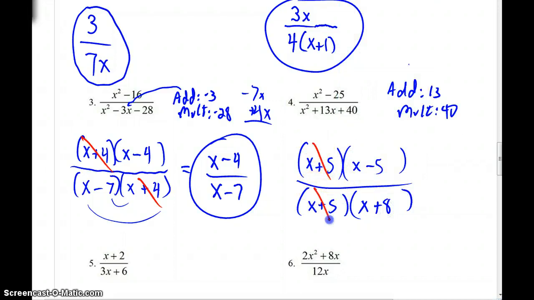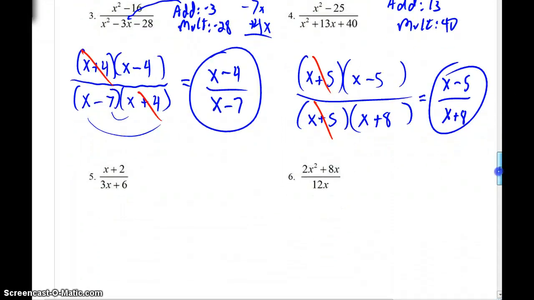Once again, notice that we could cancel. This time we're canceling vertically with the x plus 5 literally on top of the other x plus 5. Notice in the previous problem you could consider that a little diagonal canceling, but you will always have the same exact factor up on top and one down below. What's your final answer? Well, x minus 5 over x plus 8.